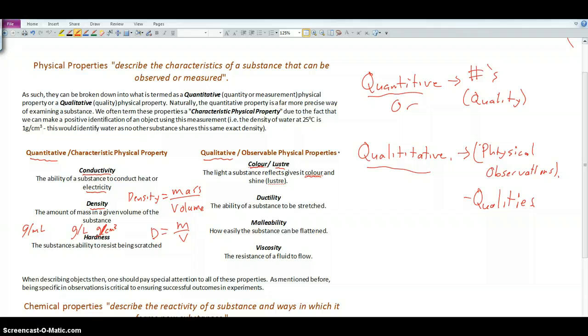And something that shines really, reflects a lot of light, has lots of luster. So it is lustrous. Something shiny is considered lustrous. So the more luster, the more shine.